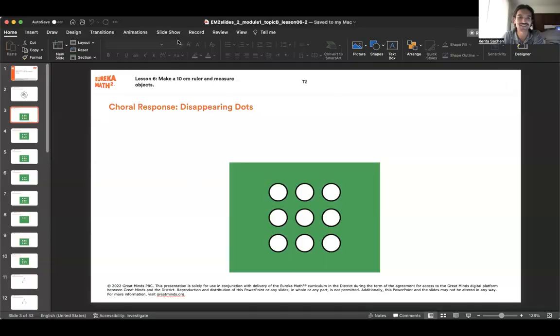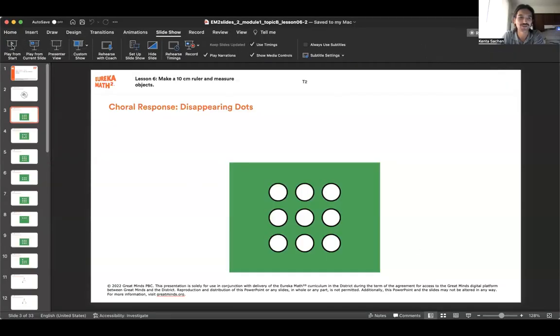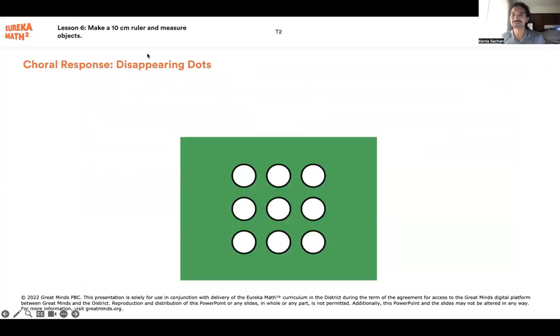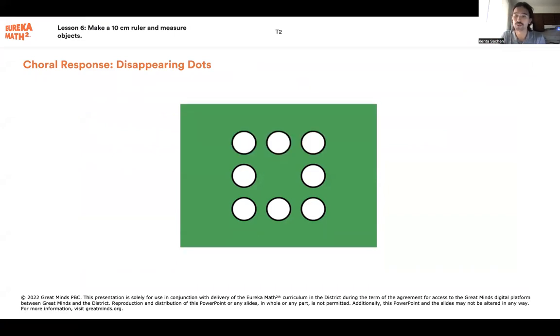But first, to our favorite game of the disappearing circles. All right. Today we're going to start with 9. I know, a little bit different today, but let's get going. And for our first disappearance, we have, from the middle.